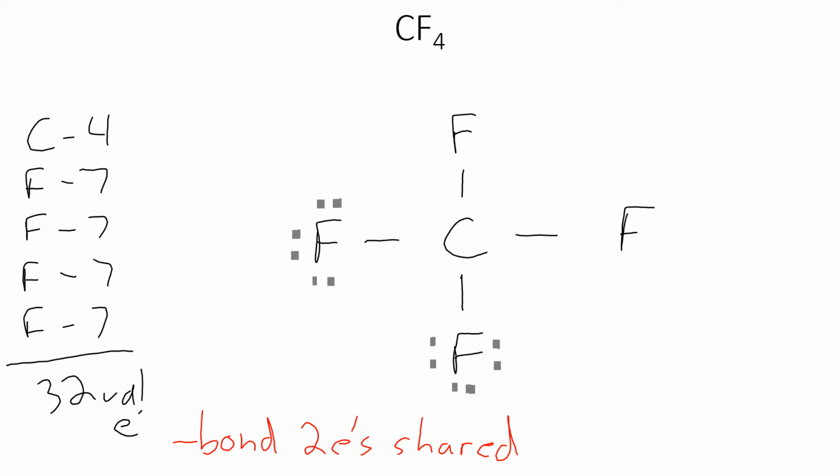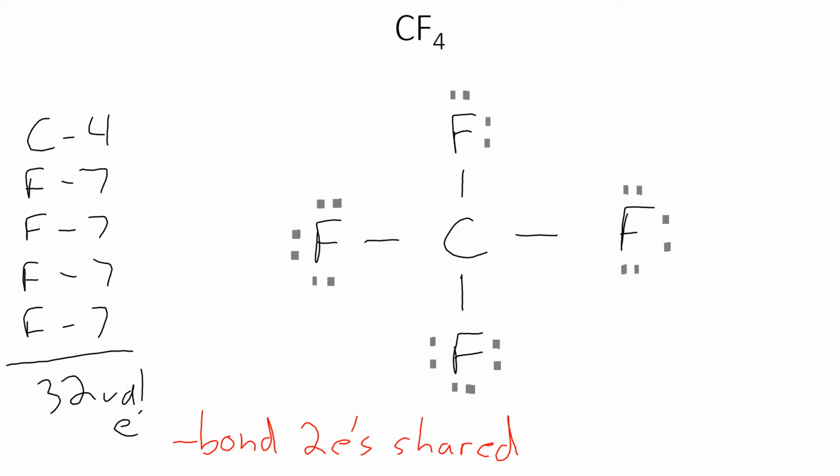Many of our atoms in these molecules are going to have 8 electrons in their general vicinity. If we look at this fluorine on the right, now there's 2 in its general vicinity, the 2 from the bond. To get up to 8, we would need 3 more lone pairs, or 6 more electrons, to bring that total up to 8.